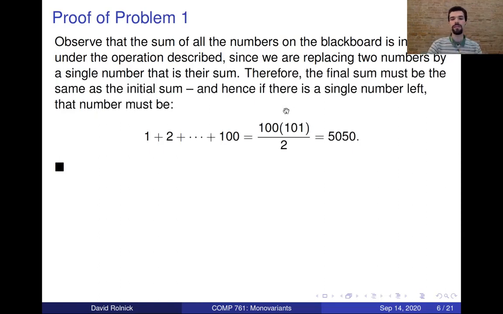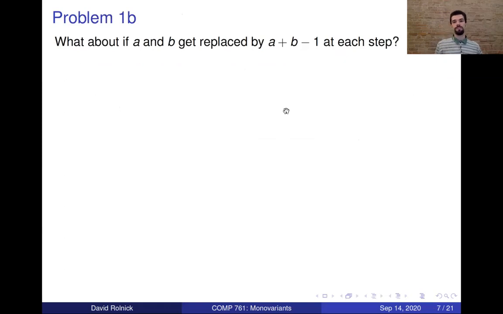Okay, let's see a slight variation on this. What if a and b get replaced by a plus b minus 1 at each step?